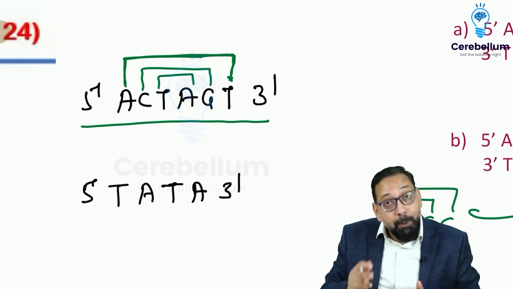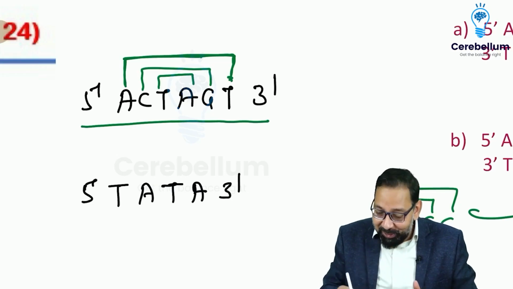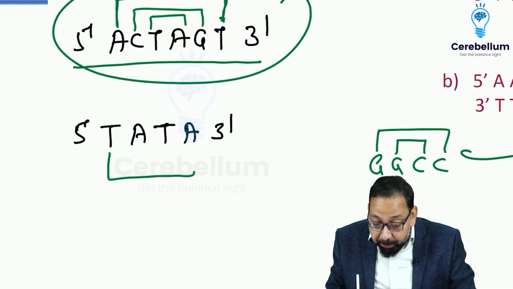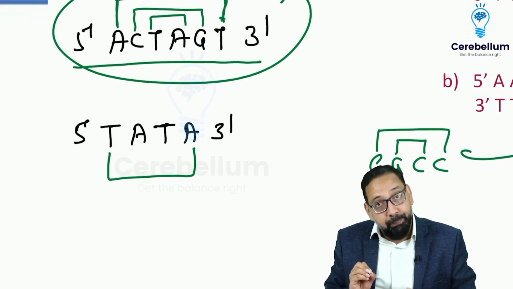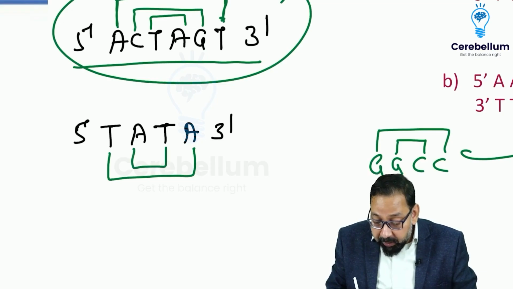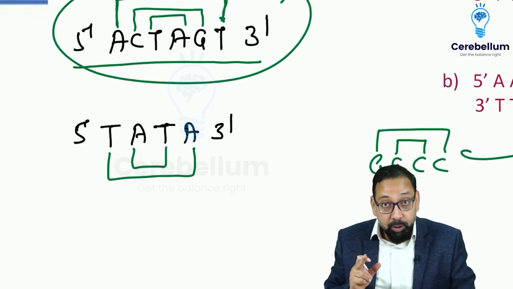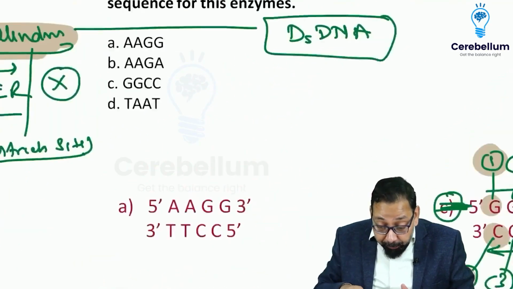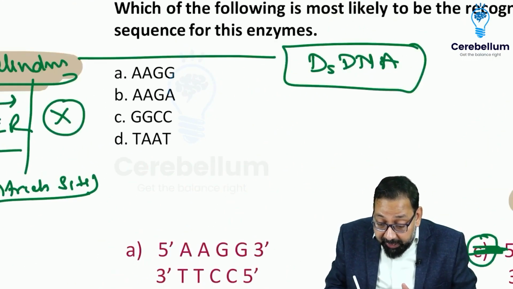T pair with A, base pairing rule is followed. So this is palindrome. Another example, T base pair with A, base pairing rule is followed. A base pair with T, base pairing rule is followed. So this is palindrome.